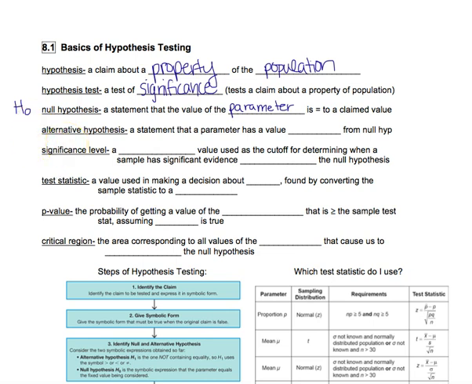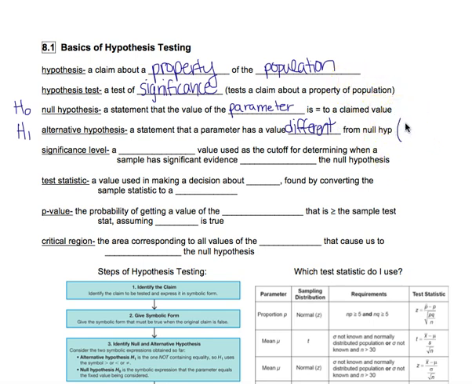Then we also have the alternative hypothesis, which we abbreviate symbol-wise as H with a subscript of 1. So H1 is the alternative hypothesis, and that's a statement that a parameter has a value different from the null hypothesis. Now, when we say different, that could be various inequality symbols.